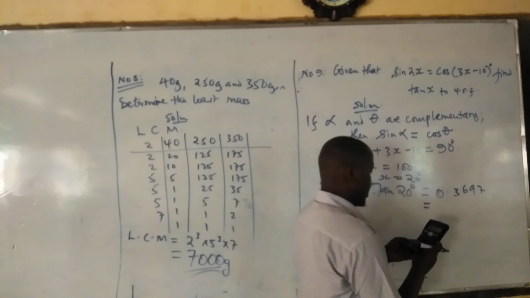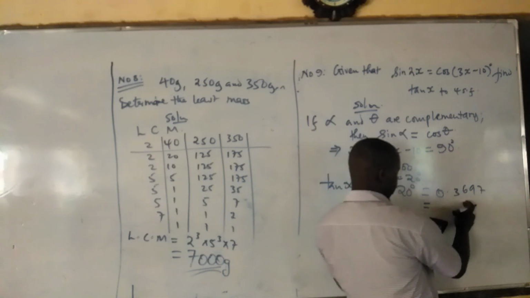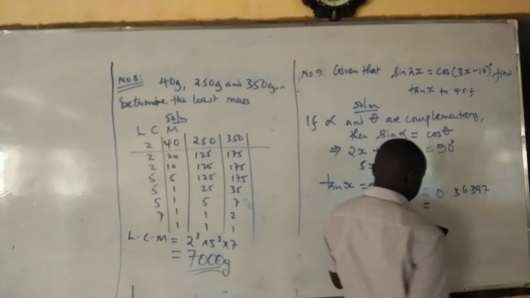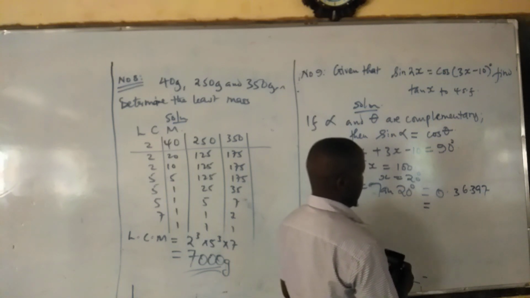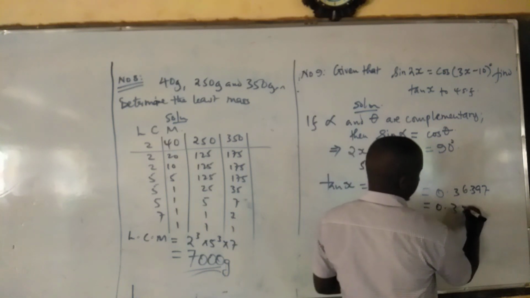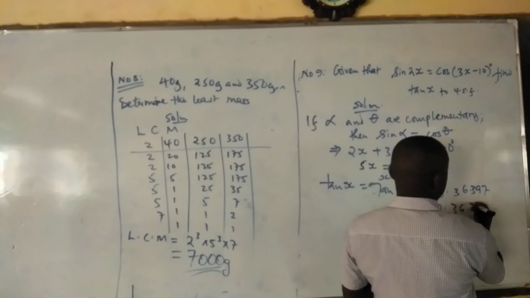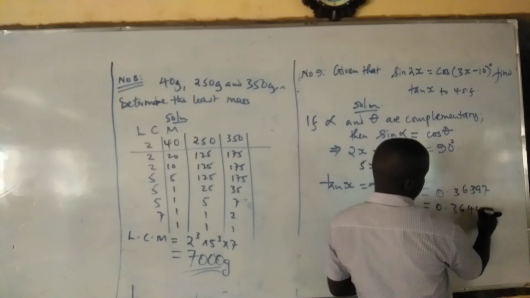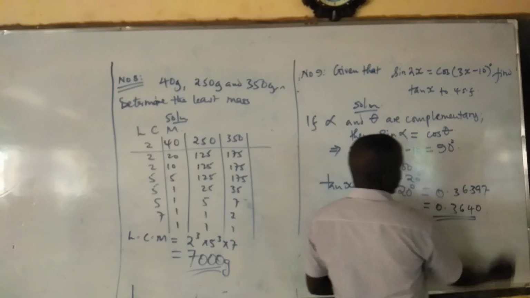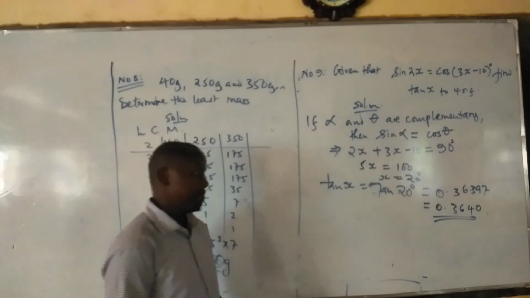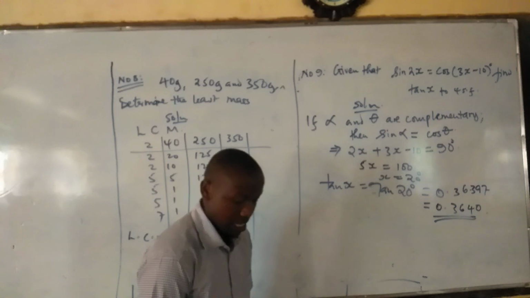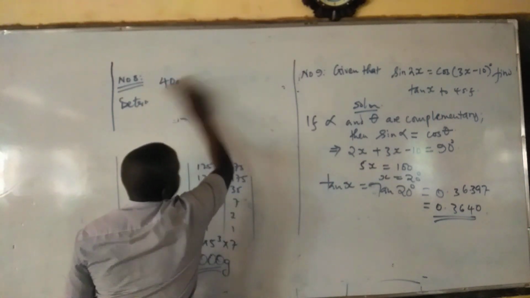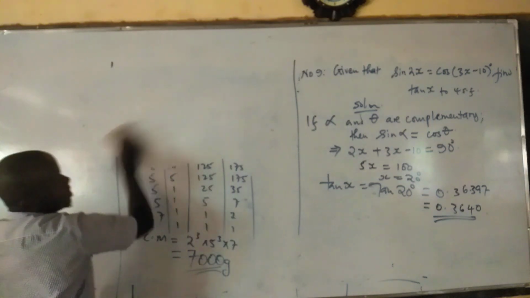Tan 20 is 0.36397. Therefore, to 4 significant figures, the 9 is rounded off to a 10, and we'll have 0.3640. So that's how number 9 was being solved.